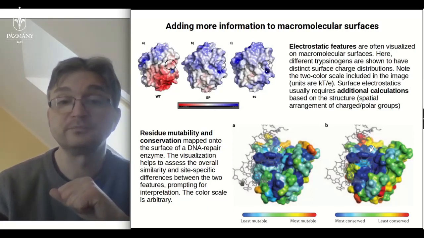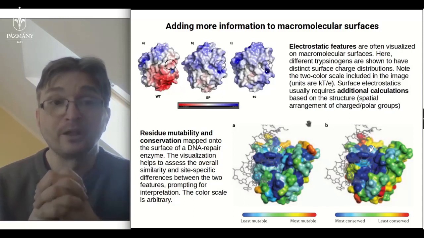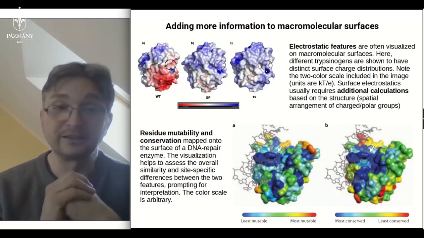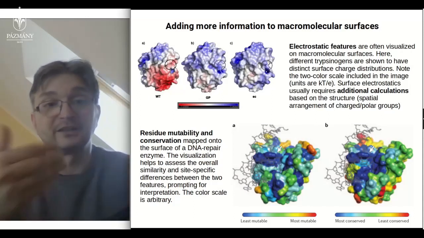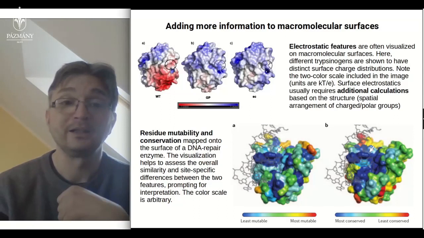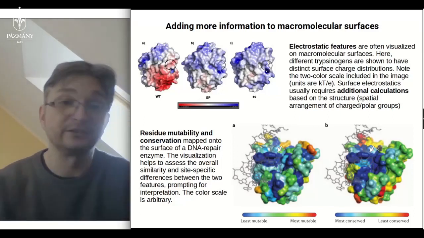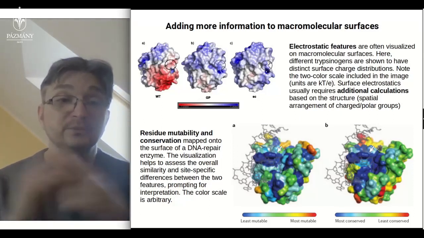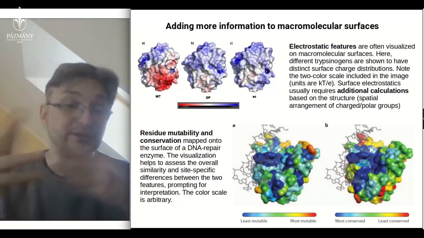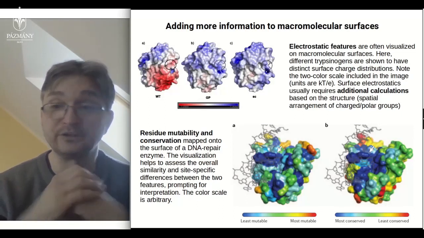Another picture here shows the residue mutability and conservation. Mutability is what you see in a laboratory when you try to generate a mutant of a protein and measure some function, and you assess how the function is affected by the given mutation. And conservation is basically an evolutionary aspect where you gather sequences from many organisms and assess whether a given residue is conserved, is the same, or is easily replaced by other residues in different organisms.